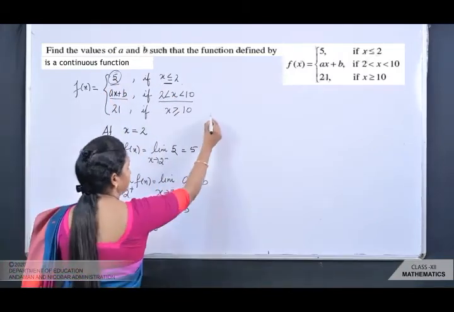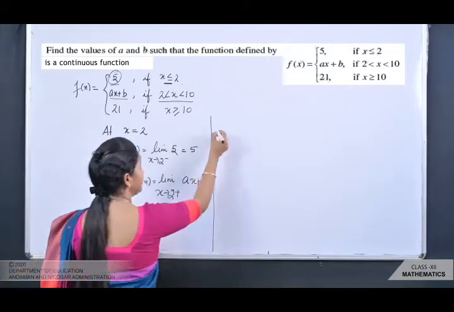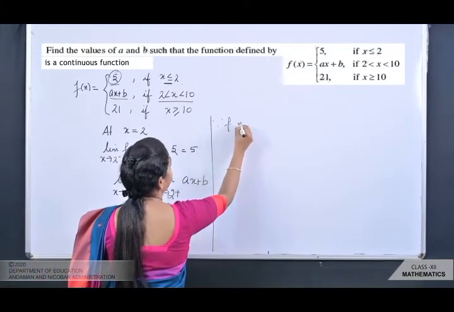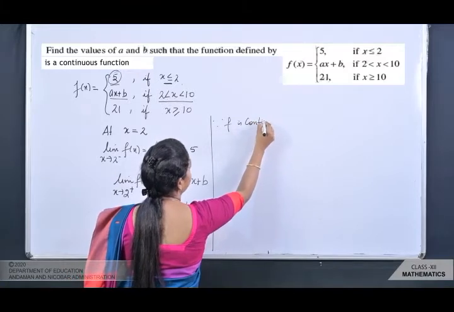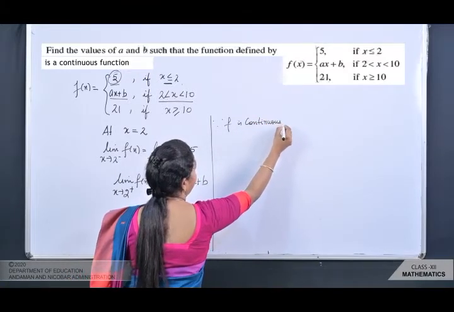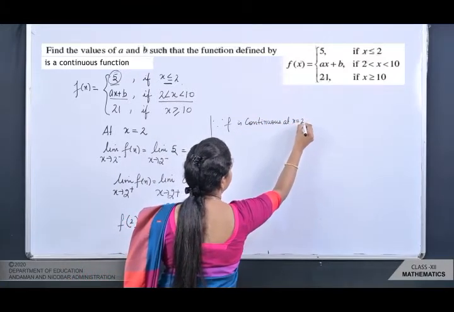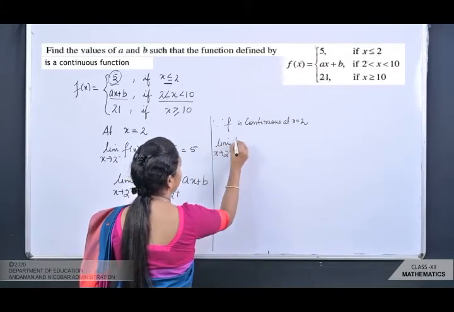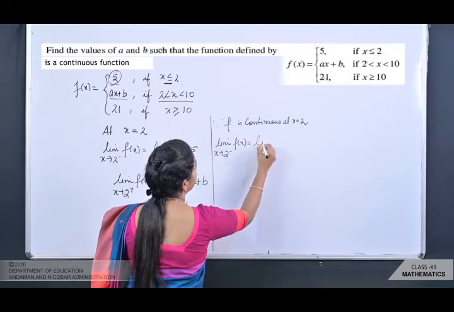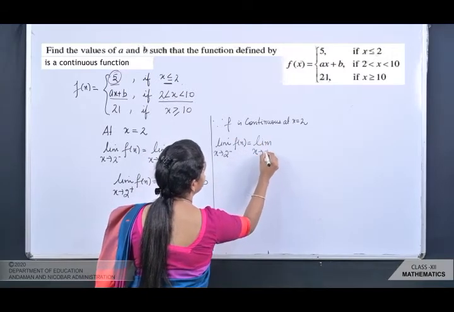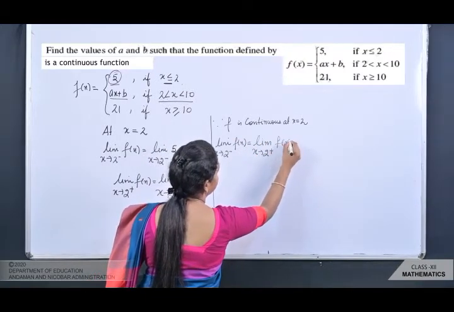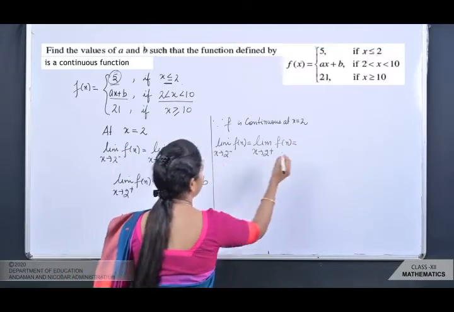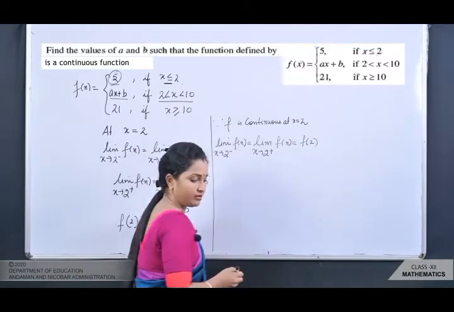Correct? Now since f is continuous at x is equal to 2, so limit x tends to 2 minus f(x) is equal to limit x tends to 2 plus f(x) is equal to f of 2. Okay, this is the condition of continuity.